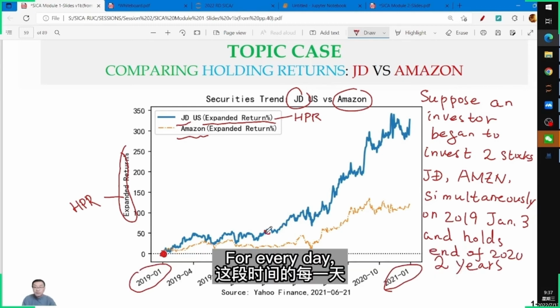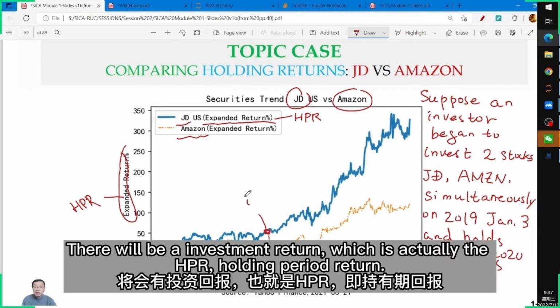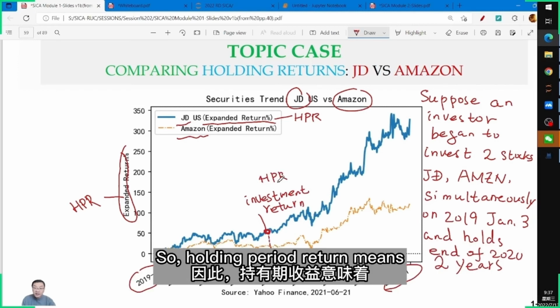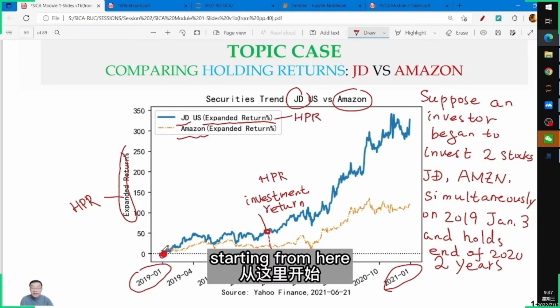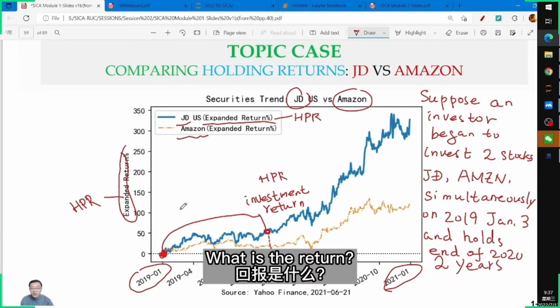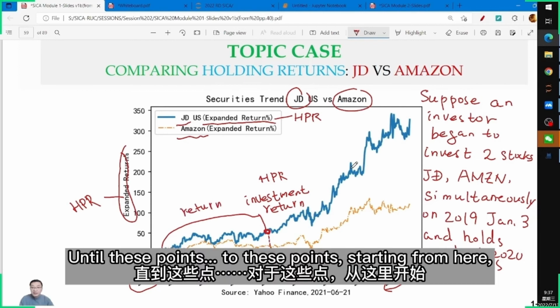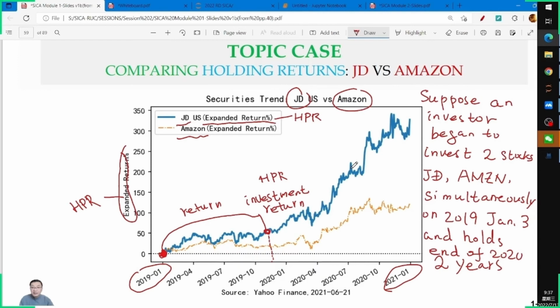For every day the investor holds these two stocks, there will be an investment return, which is actually the HPR, holding period return. So holding period return means starting from here till this date, what is the return? Until this point, starting from here, what is the return?